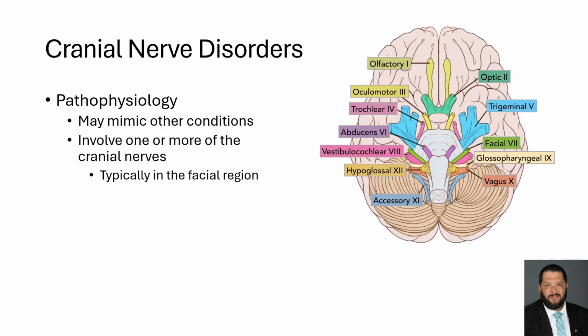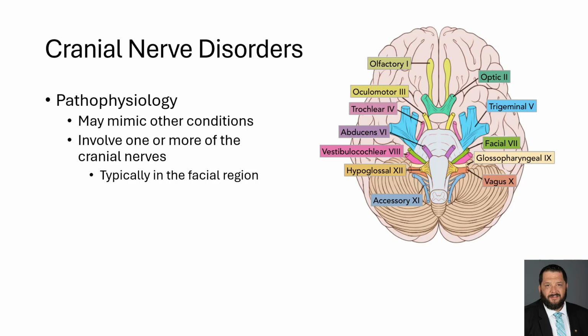The cranial nerves, as seen here on the screen, are arranged in pairs. You have one nerve for each the left and the right hemisphere and corresponding part of the body, and they're named and numbered based on their position where they exit the base of the brain. So, for example, the olfactory nerve is cranial nerve number 1. The accessory nerve is cranial nerve number 11.